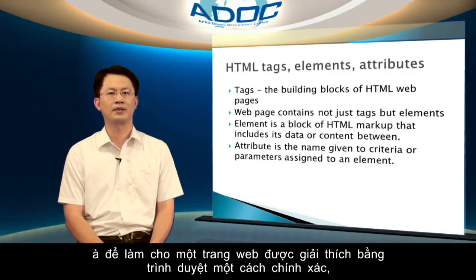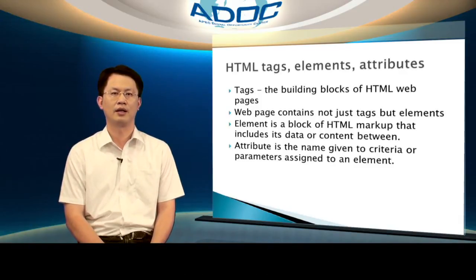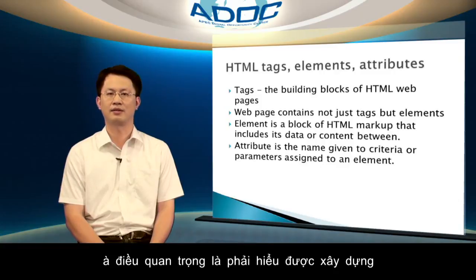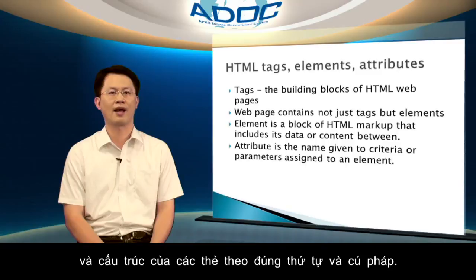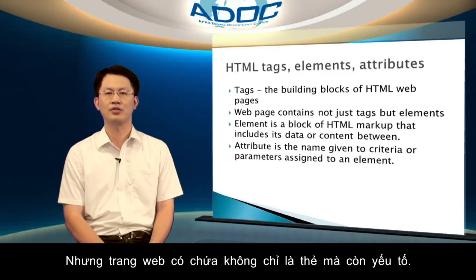And to make a website which will be interpreted by the browser correctly, it is important to understand the constructions and the structuring of the tags in their correct order and syntax. But the web page contains not just text, but elements.